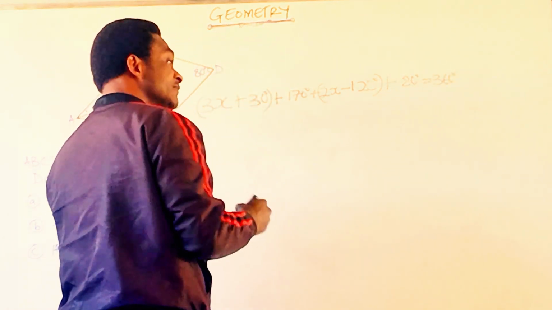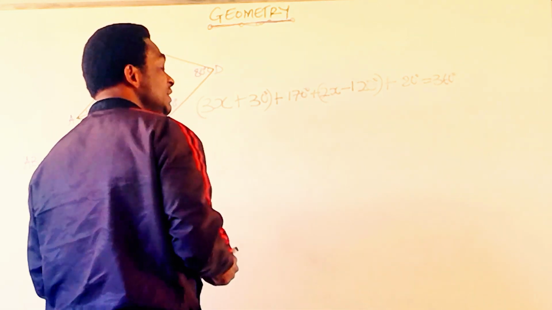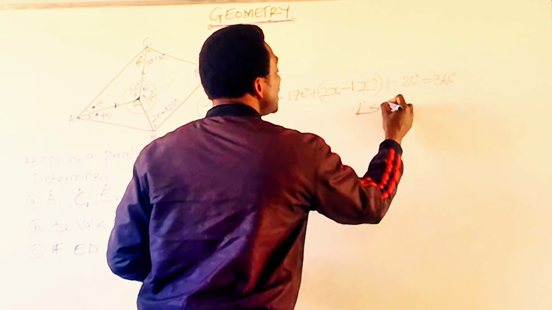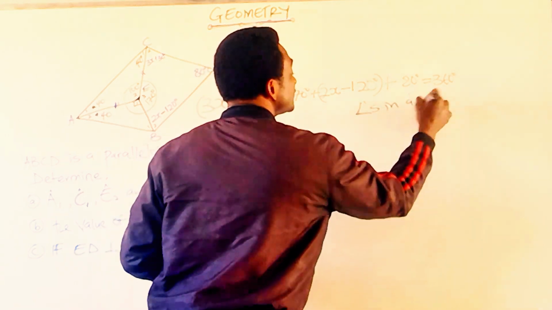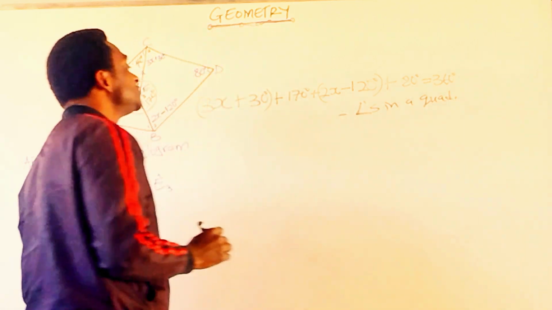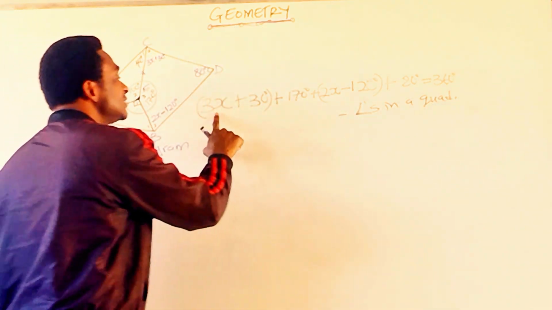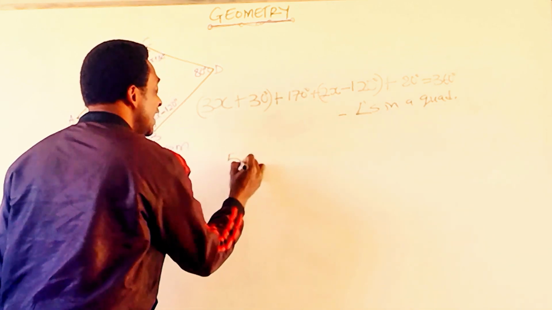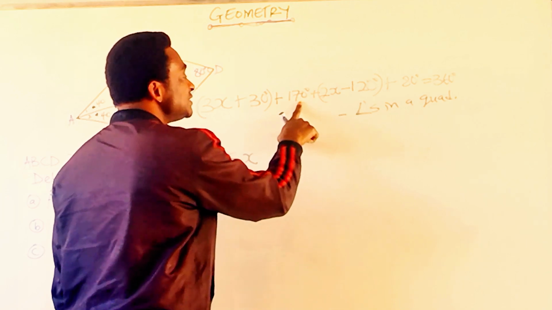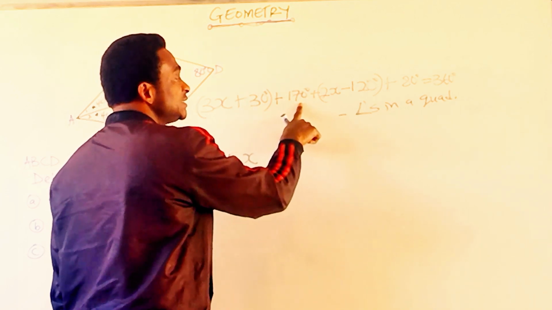And our reason will be angles in a quadrilateral. Sum of angles in a quadrilateral sums up to 360. Now let's collect items. 3x plus 2x is 5x. And I have 30 plus 170, that is 200.